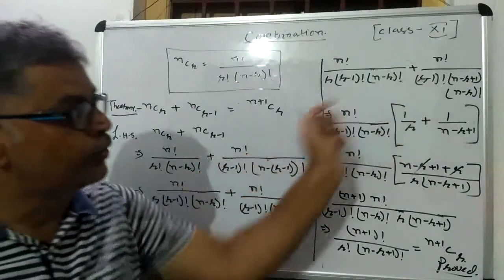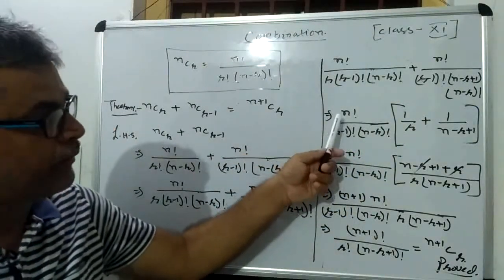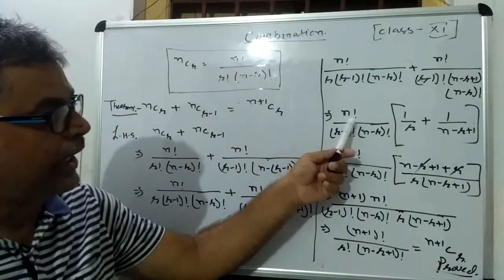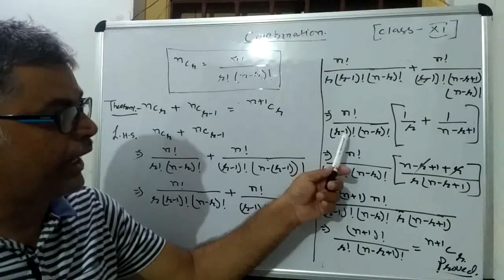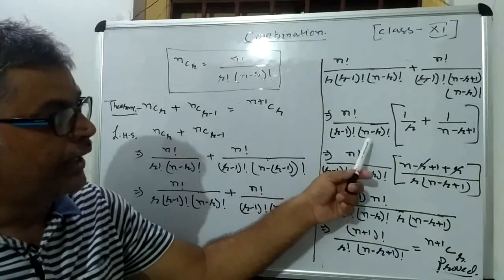Now from these two terms we are taking common factorial n by factorial r minus 1 into factorial n minus r.